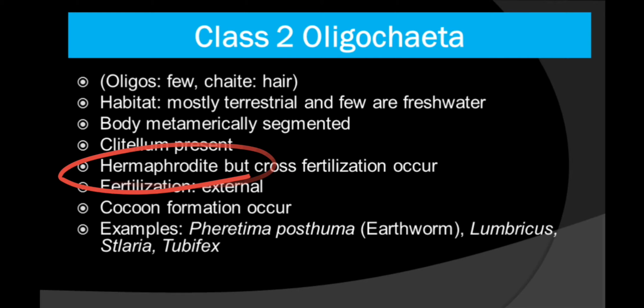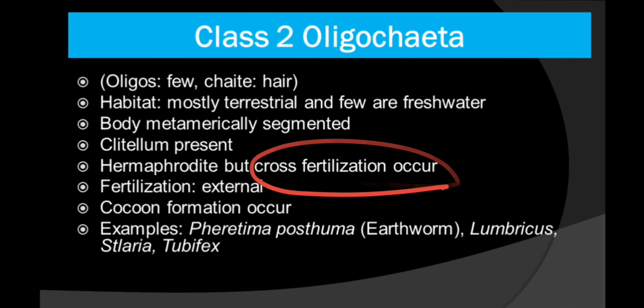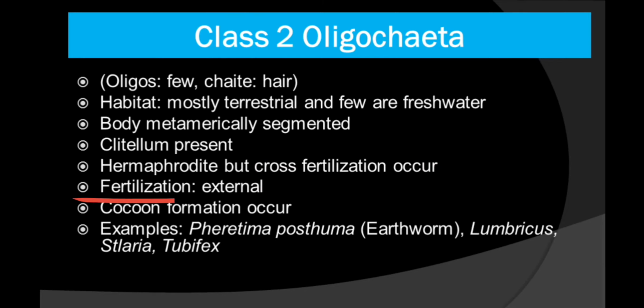Hermaphrodite means both sex organs are present in the same body, that is, they are monoecious, but still cross fertilization takes place. Fertilization is external, and cocoon formation occurs. So this is the class Oligochaete.